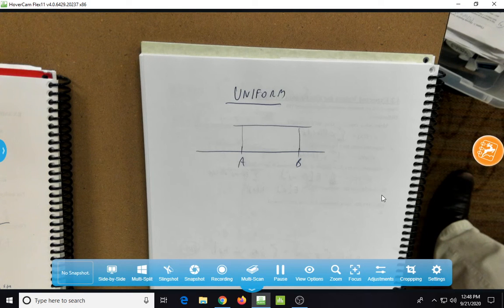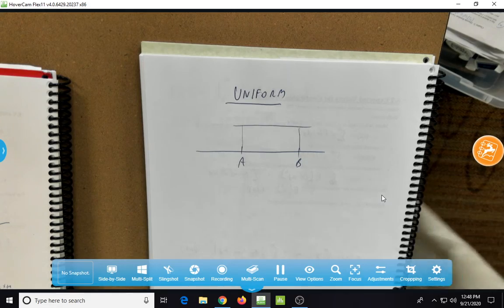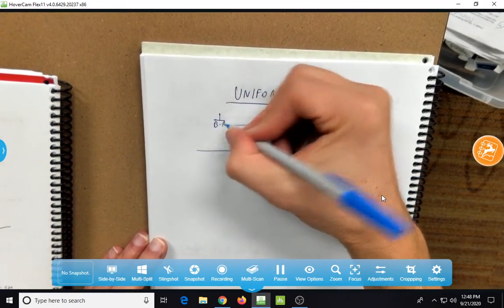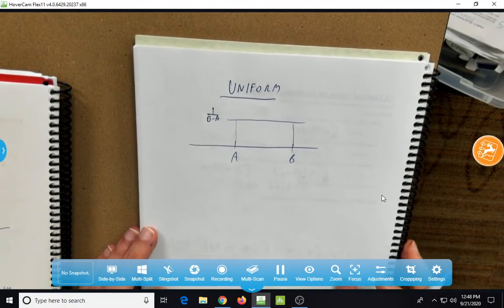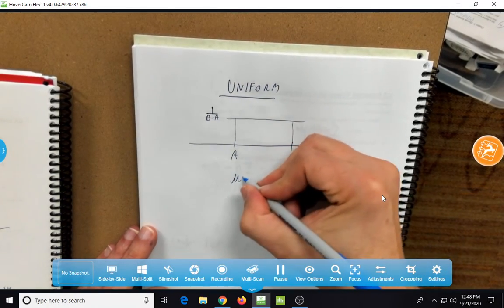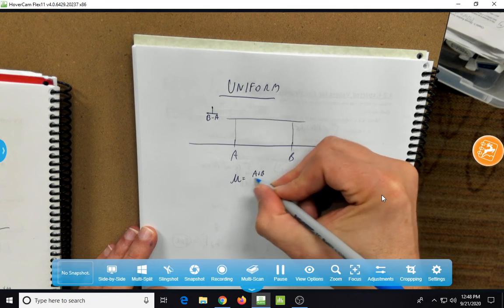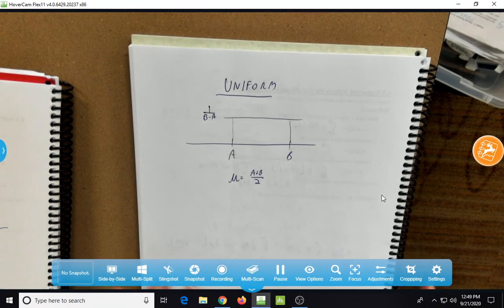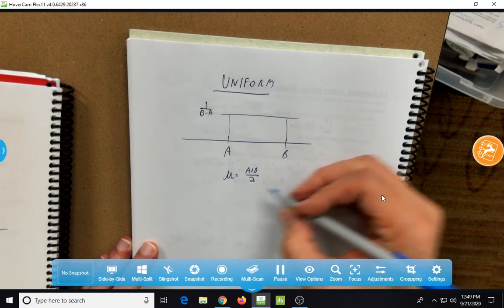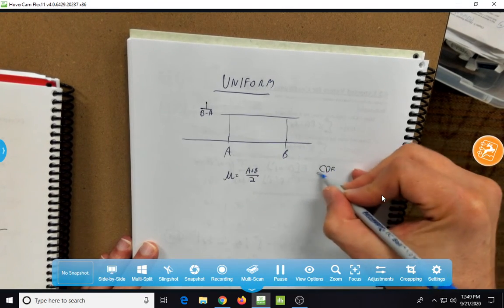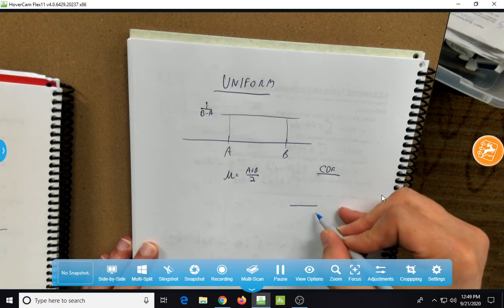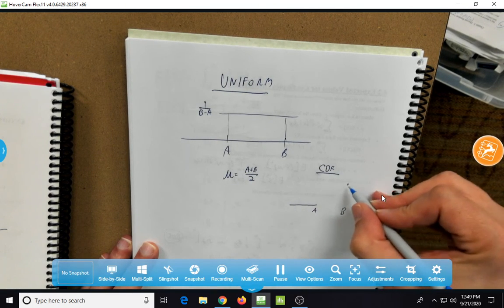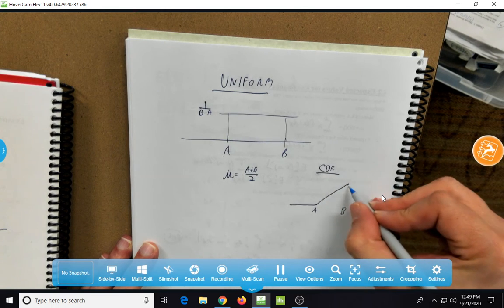B minus A, so the height must be 1 over B minus A. So the mean just turns out to be the midpoint. Good old midpoint from high school geometry. The CDF, if I integrate this, will be going from A to B. Up here will be 1. And you have a line there.